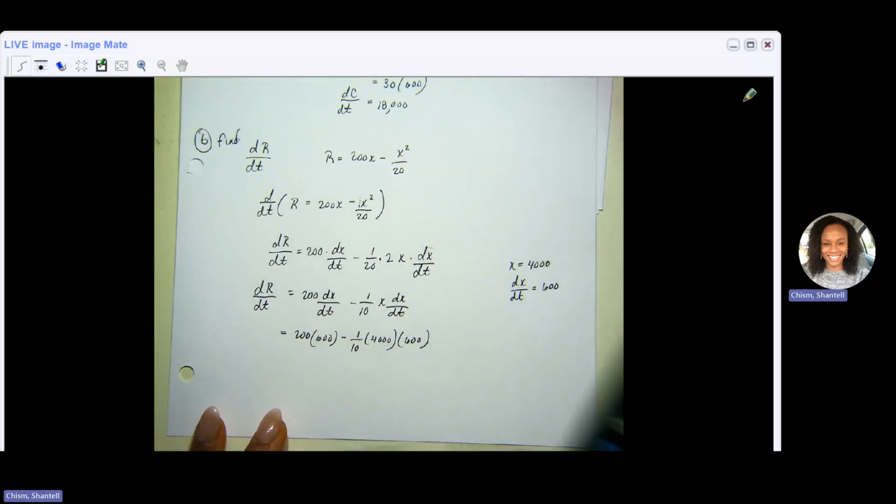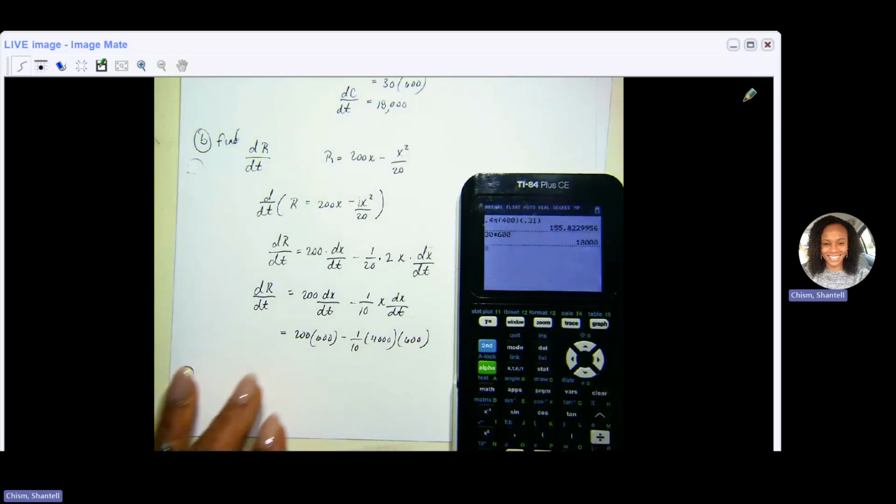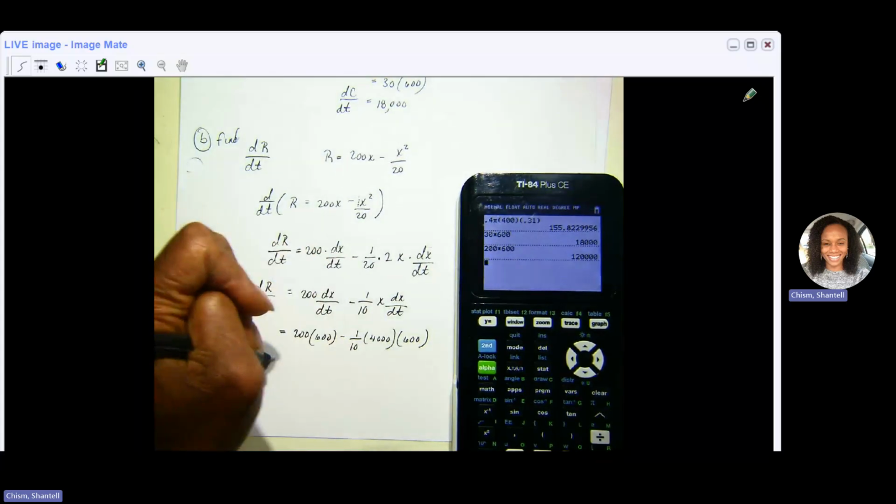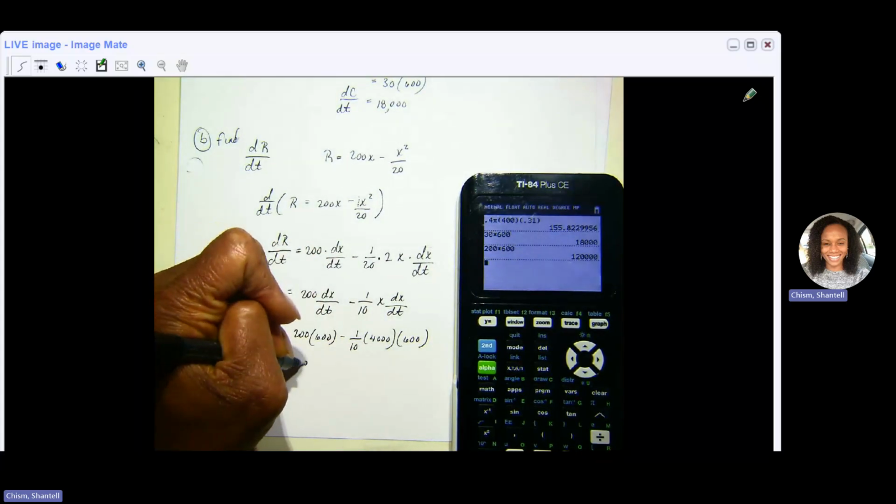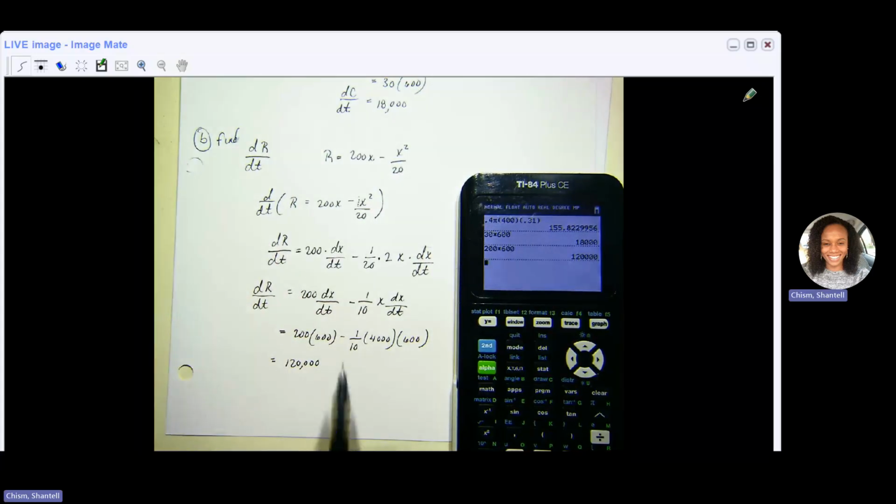Okay, so whipping this on in, 200 times 600, if you want to go ahead and get that answer, what is that, 120,000? And then 1/10 times 4,000 times 600.